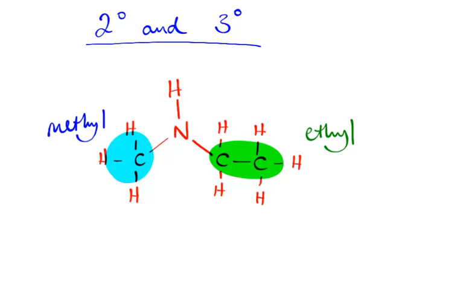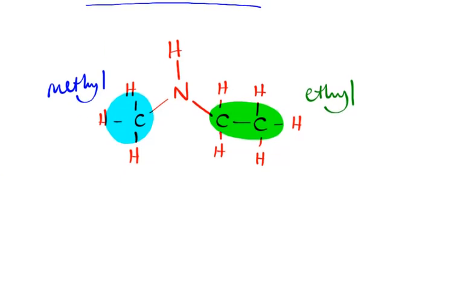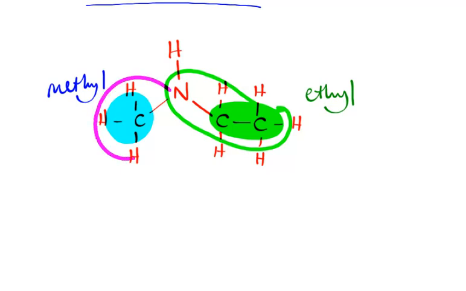So in terms of naming this particular secondary amine, we go back to the idea we're looking for the nitrogen attached to the longest carbon chain, so this is ethylamine, and we need to say that the methyl group is not attached to the ethyl group, but it's attached to the nitrogen.